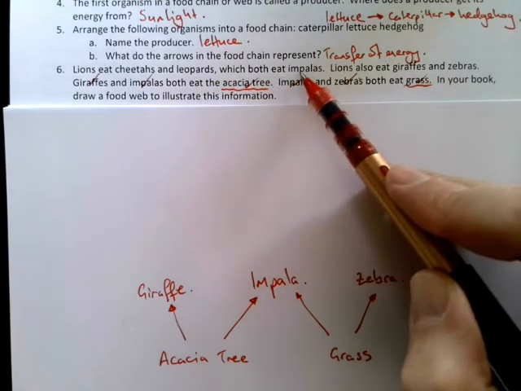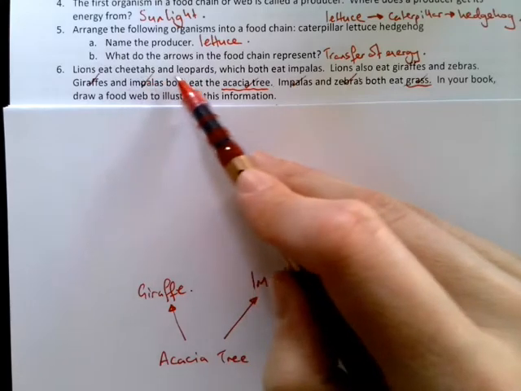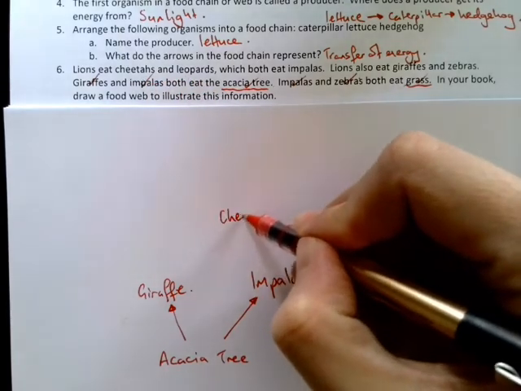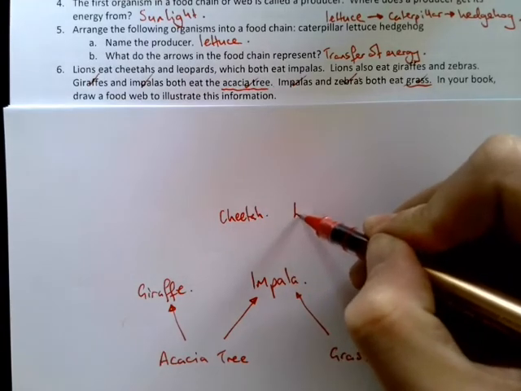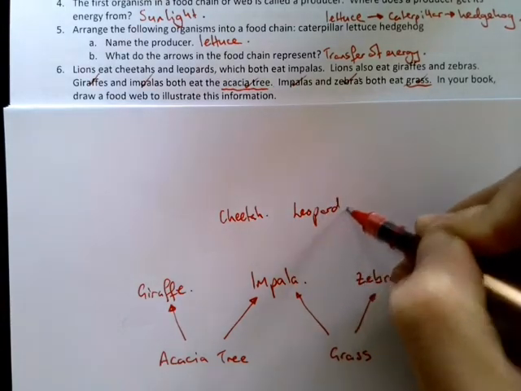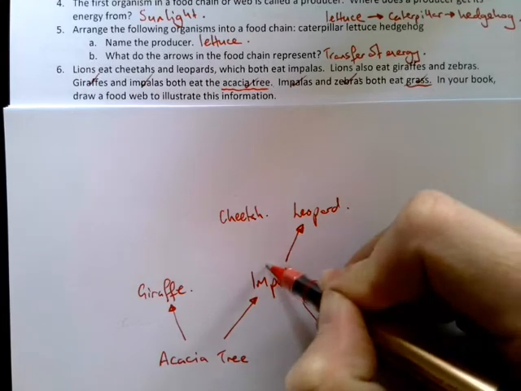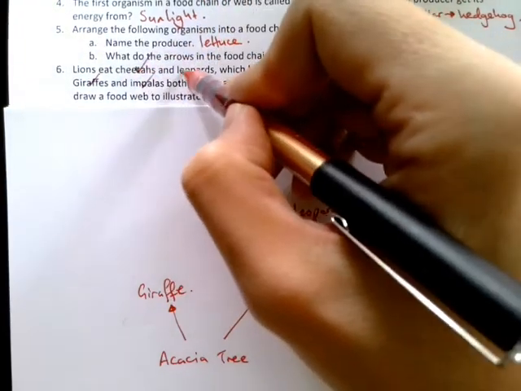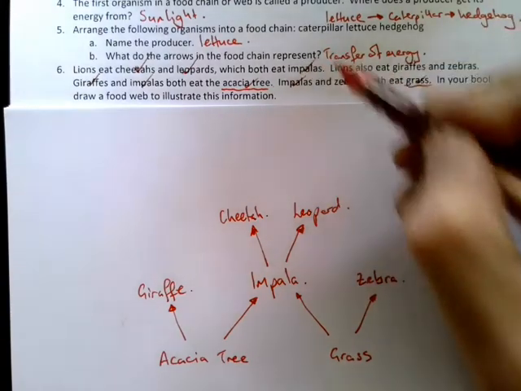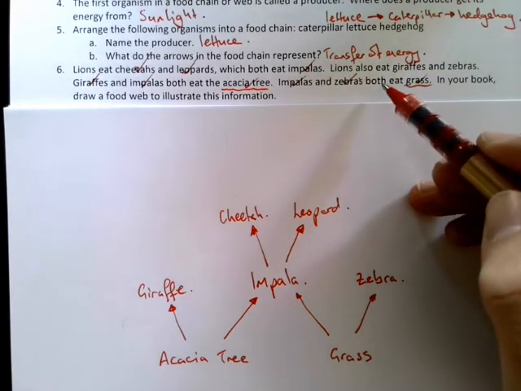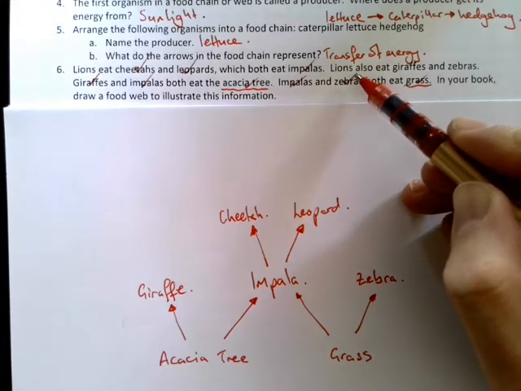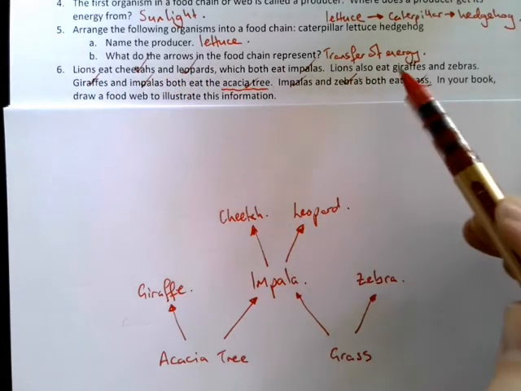Okay, so it's probably better if I do cheetahs and leopards first, and they're going to eat my impala, so I can have cheetah and leopard are both going to be predators for the impala. So that goes my cheetah and my leopard is done, and my impala is done, and I've got lions eat cheetahs, leopards, giraffes and zebras.